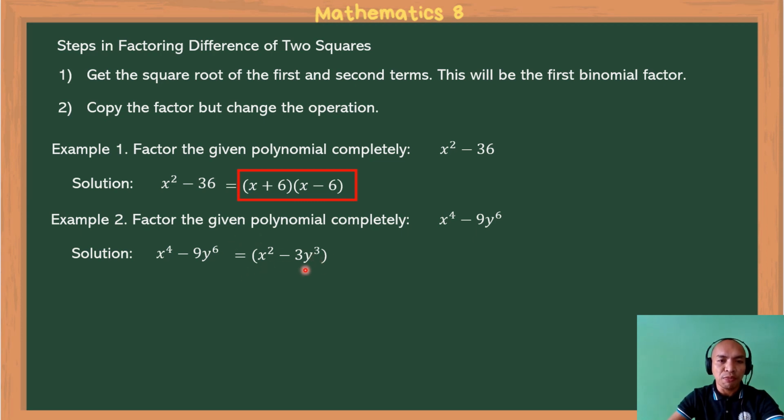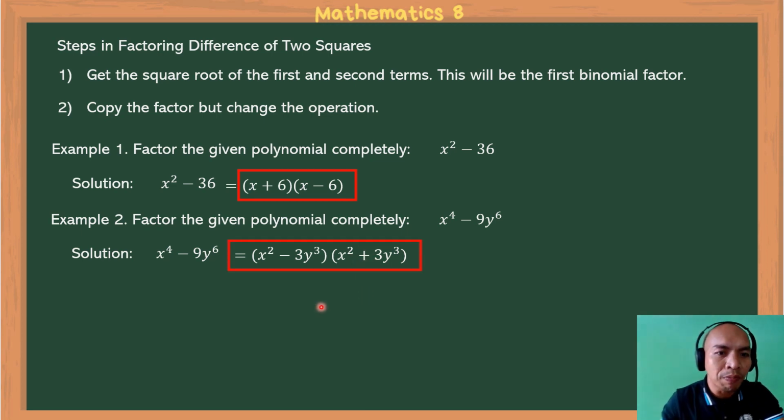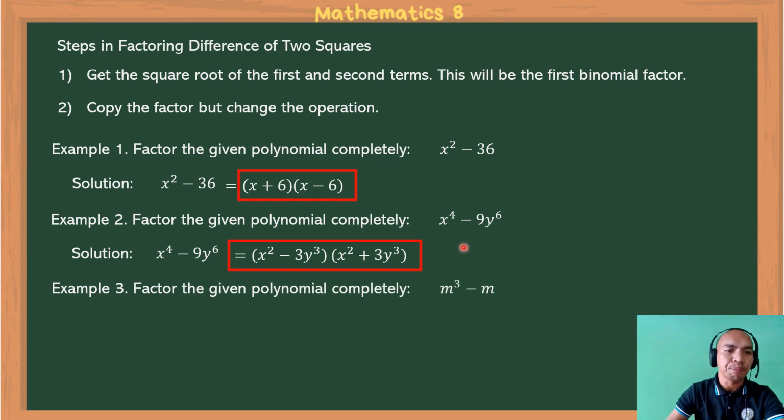So this is the first factor. As I have said, if you use subtraction in the first factor, the second factor must be plus. You just copy these two quantities and alter the operation.